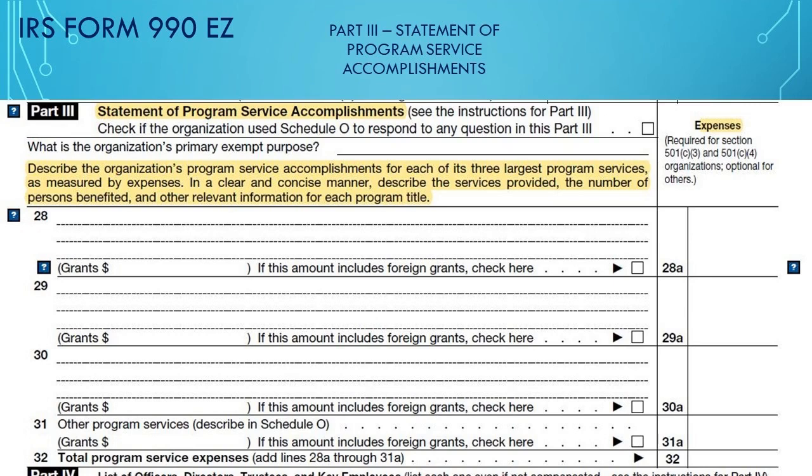And in terms of organizing it, 28, 29, 30, there are these 3 sections where you can identify your top 3 largest programs in terms of dollar amount.